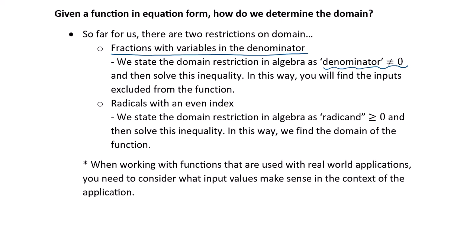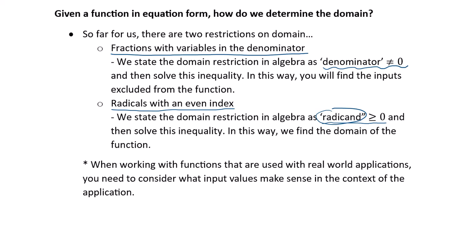When we have radicals with an even index, there is another restriction. We state the domain restriction in algebra as the radicand is greater than or equal to 0. That's just a fancy word here for the guts of a radical. And then we solve that inequality. Remember what kinds of things you can take the square root of. You can take the square root of 0. The square root of 0 is 0.